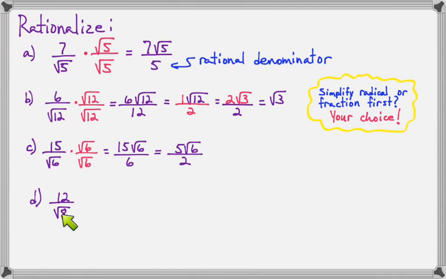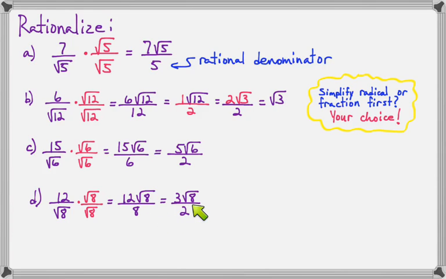Alright, last part for this page. 12 over square root of 8. I'm going to rationalize first. And that's going to give us 12 square root of 8 in the top and 8 in the denominator. So now it's rationalized, it just needs to be reduced. 12 over 8 will reduce to 3 over 2, because both of those numbers can divide by 4.